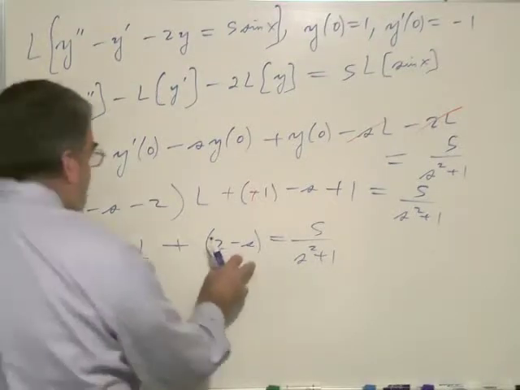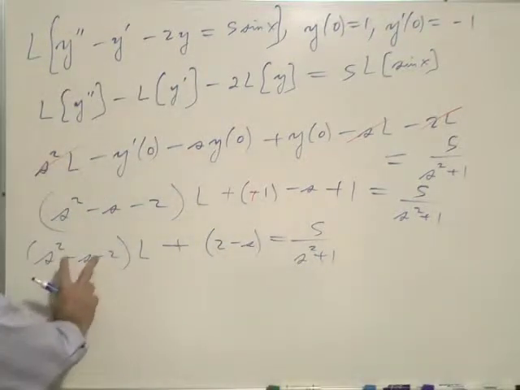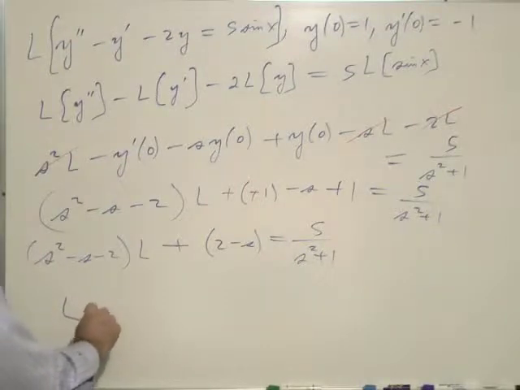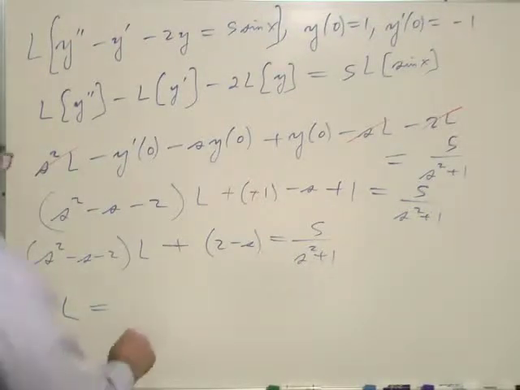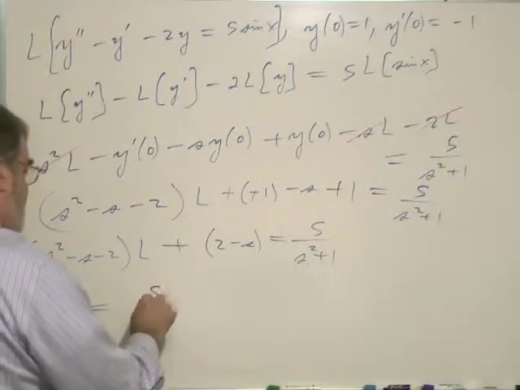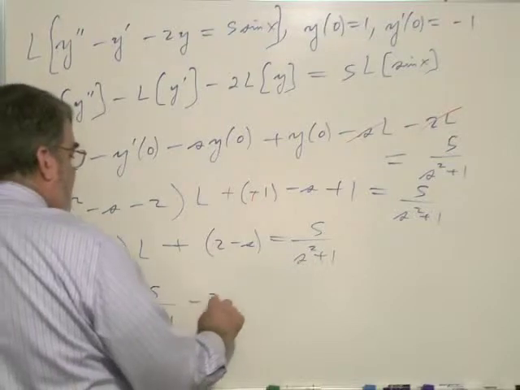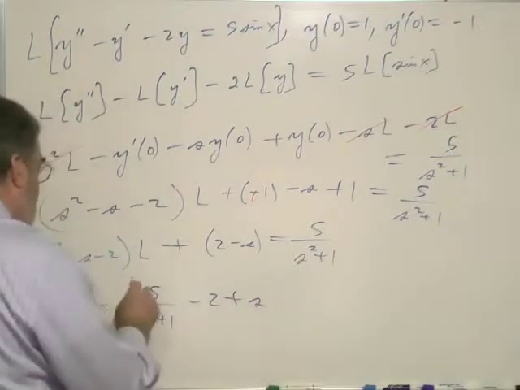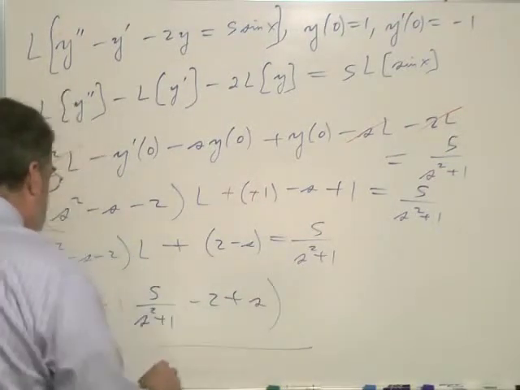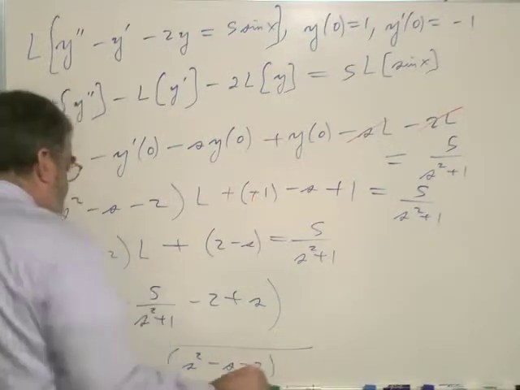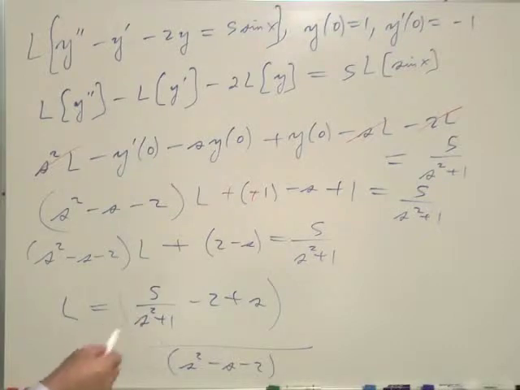So I'm going to subtract this term and then divide by this term, and that gives us L equal to 5 over s squared plus 1 minus 2 plus s, and then all this is divided by s squared minus s minus 2.